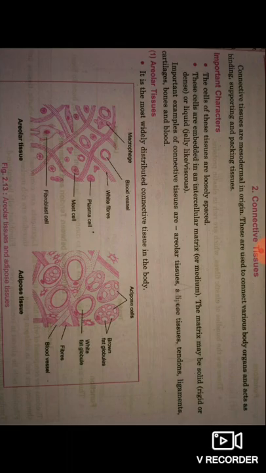Important examples of connective tissue are areolar tissue, adipose tissue, tendons, ligament, cartilage, bone and blood. Areolar tissue is the most widely distributed connective tissue in the body. It is present between the skin and muscles, around blood vessels and nerves, and also in bone marrow.